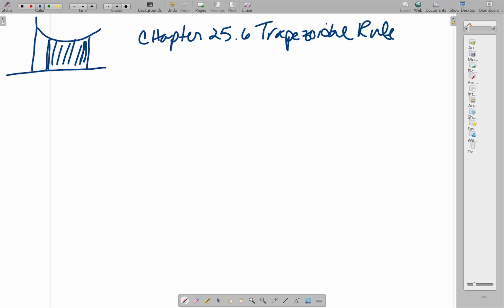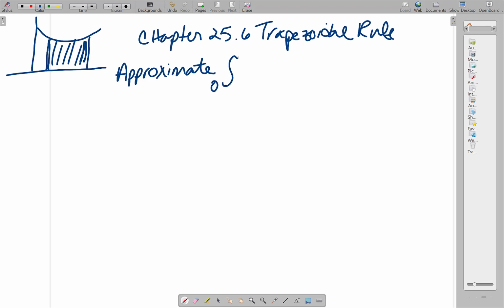Okay, so I'm going over example 2, which is listed in your book on page 759. Our instructions are to approximate, because the trapezoidal rule does not give us an exact answer, it gives us an approximate answer.